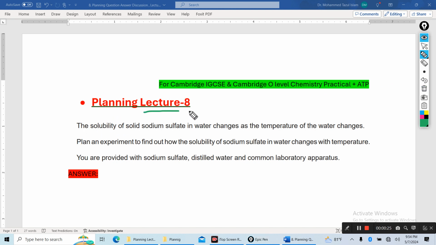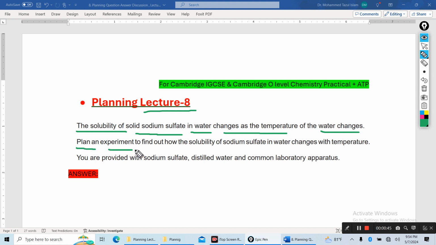Planning lecture 8. The solubility of solid sodium sulfate in water changes as the temperature of the water changes. Solubility varies with temperature.